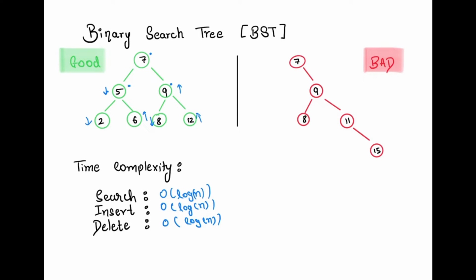And it is not the worst time, but the average time, the reason is that it depends on the tree that we are dealing with, and there comes into the picture the good tree and the bad tree. If a tree is good, the time complexity will be O of log n for search, insert, and delete. But if the tree is a bad one, the time complexity can go as bad as O of n.